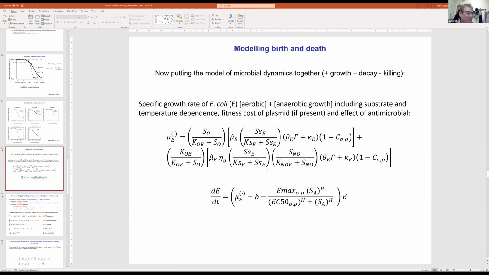But many of these can be measured individually. For example, the temperature dependence of growth, which is this term here, can be measured. The growth rate dependence can be measured. The fitness cost can be measured, and you can measure these in simple experiments and put it together in the model.